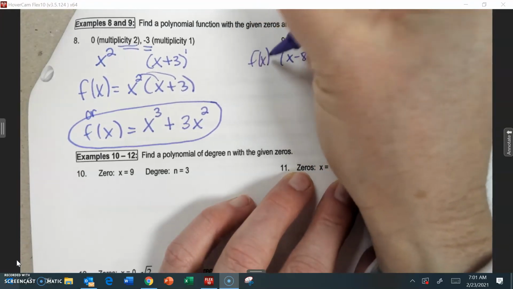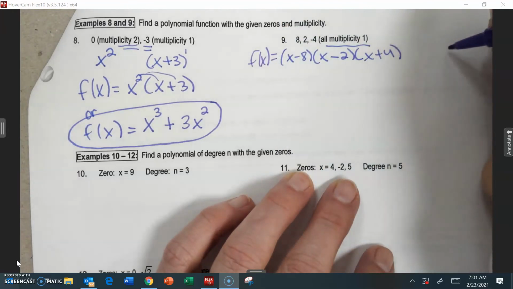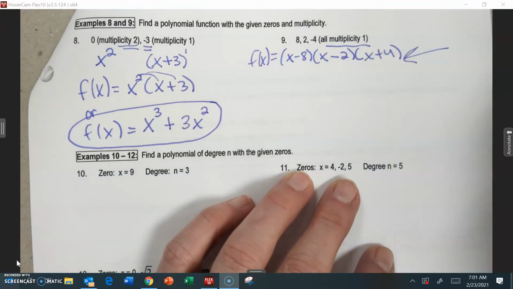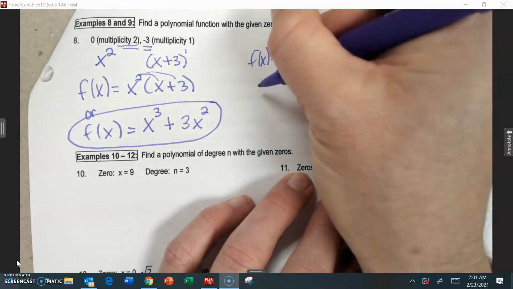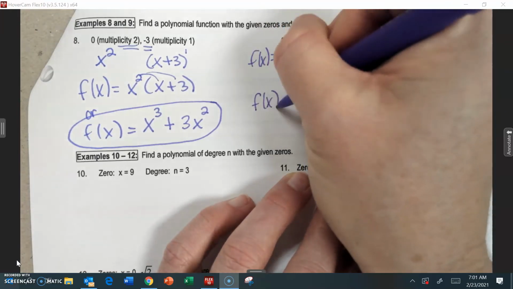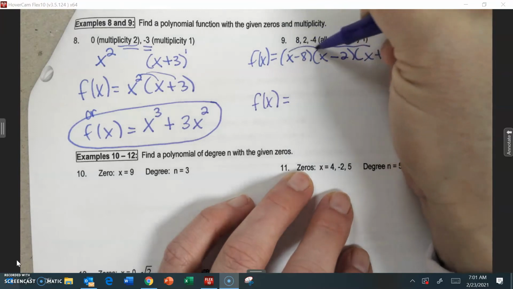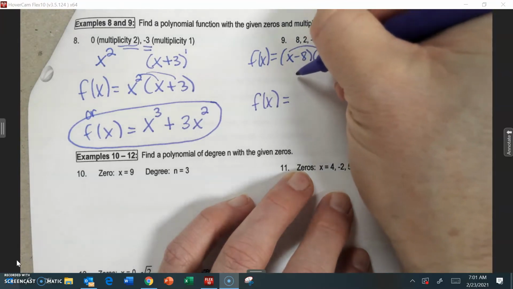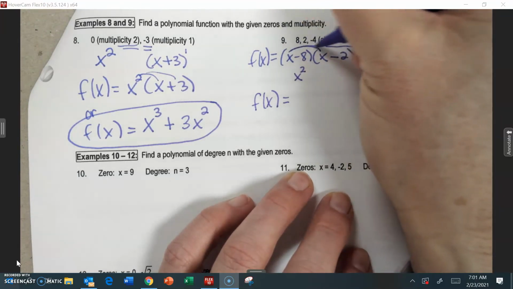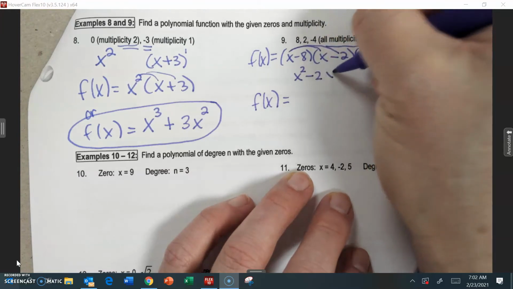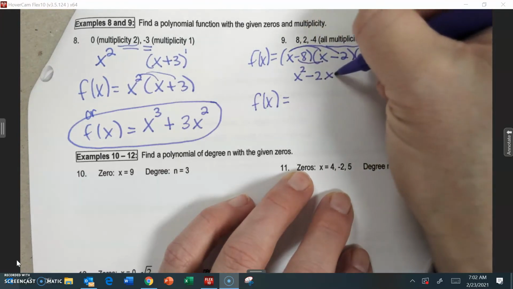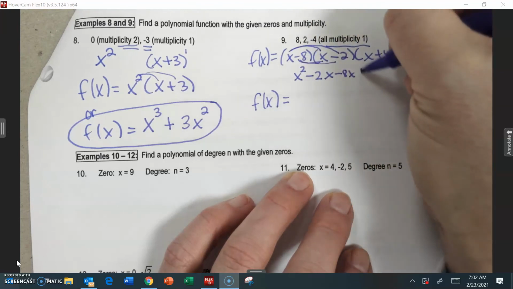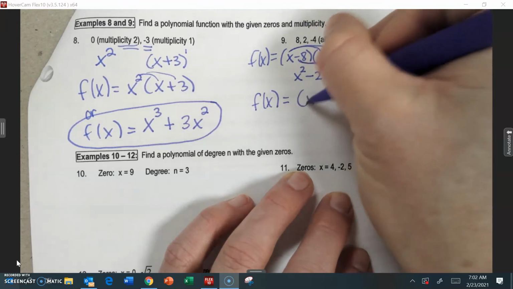Now, I'm not going to do this in your notes, but this right here is factored form. So I'm going to get this started and you'll need to finish this. But to put this in standard form, you're going to need to multiply and get x squared minus 2x minus 8x plus 16.